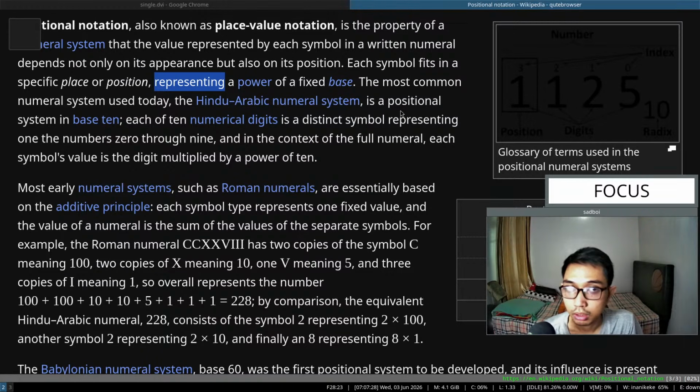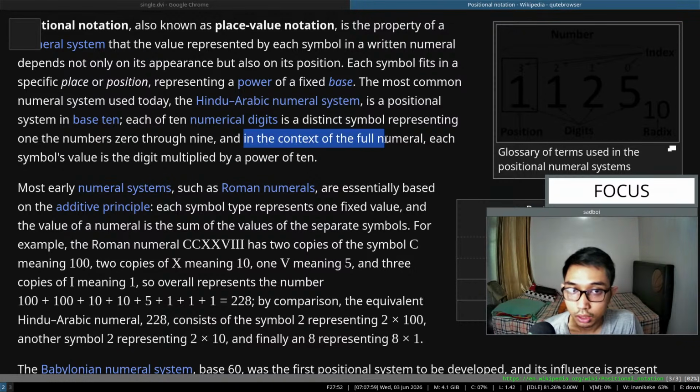Okay. Decimal is a positional system in base 10. Each of the 10 numerical digits is a distinct symbol representing the numbers 0 through 9, and in the context of the full numeral, its symbol's value is the digit multiplied by a power of 10.